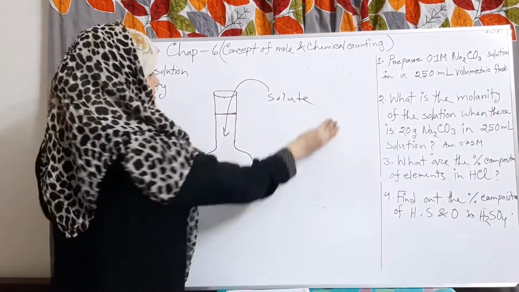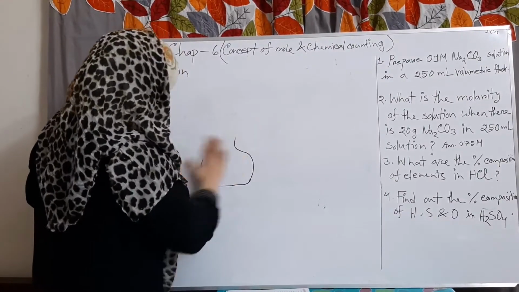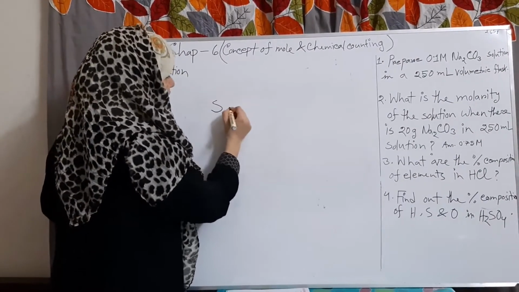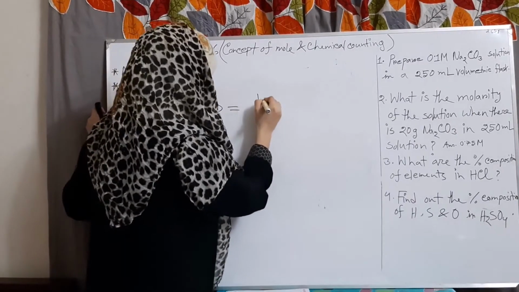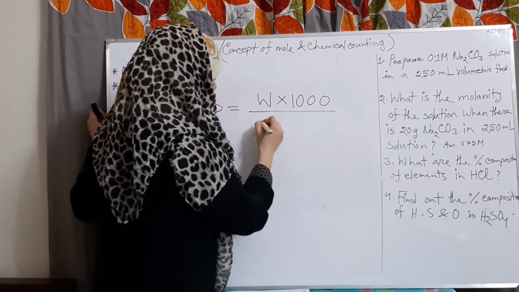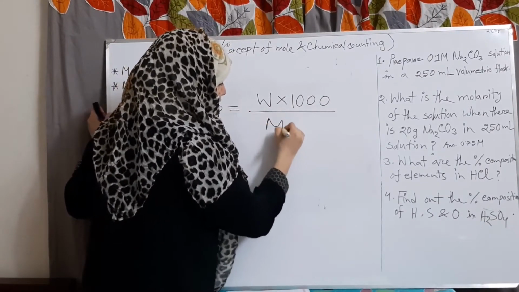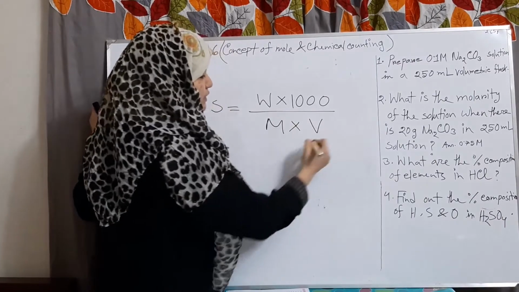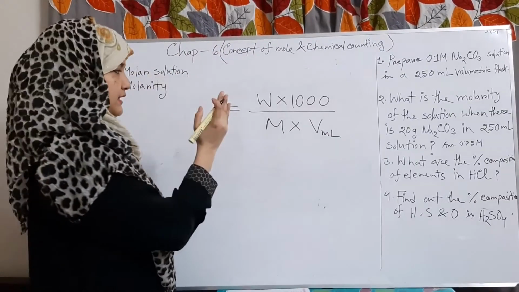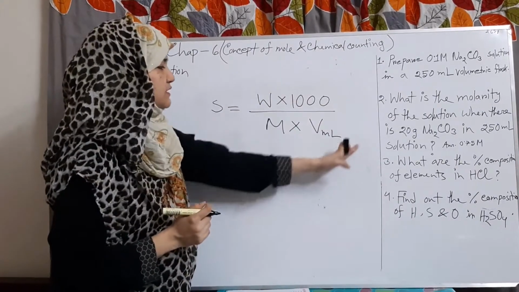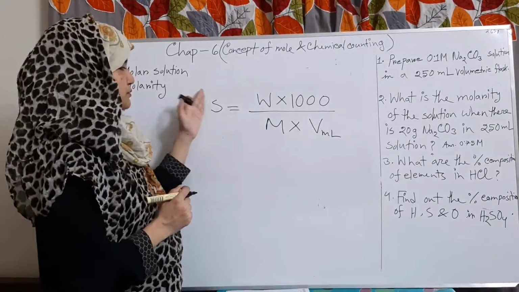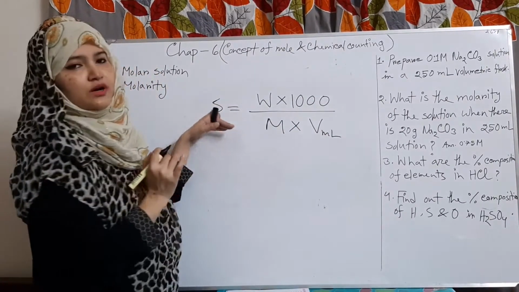This formula is S = W × 1000 / (M × V), where V is in mL. This is the formula of molarity.